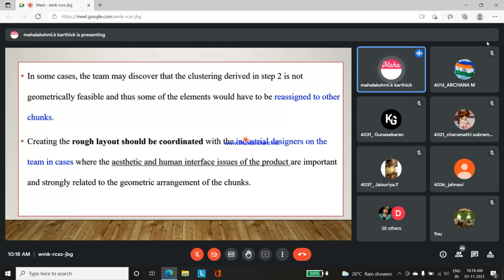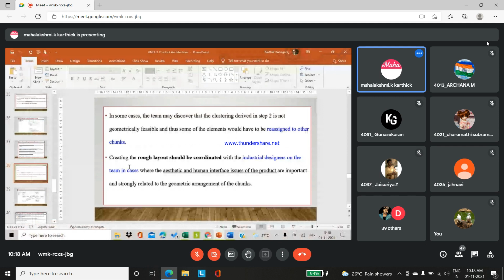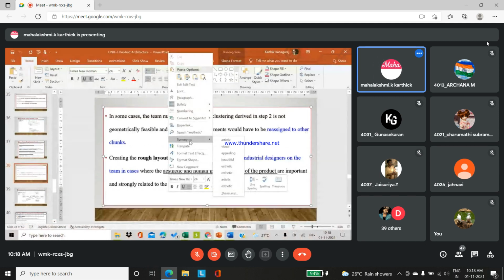So who are the 2 persons involved in step 3? You have to give a rough layout along with coordination with the industrial designer on the team, in case you want to focus on aesthetics. What do you mean by aesthetic? The visual appearance, the beautiful appearance of a particular product, depends on both the industrial designer and the product architecture.